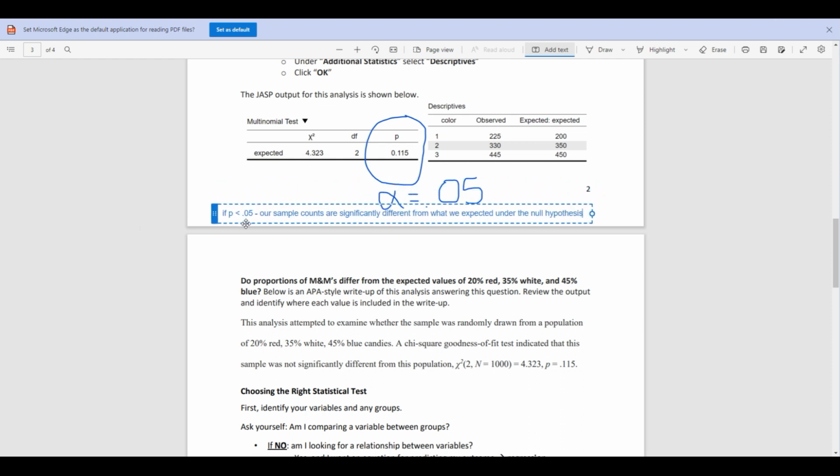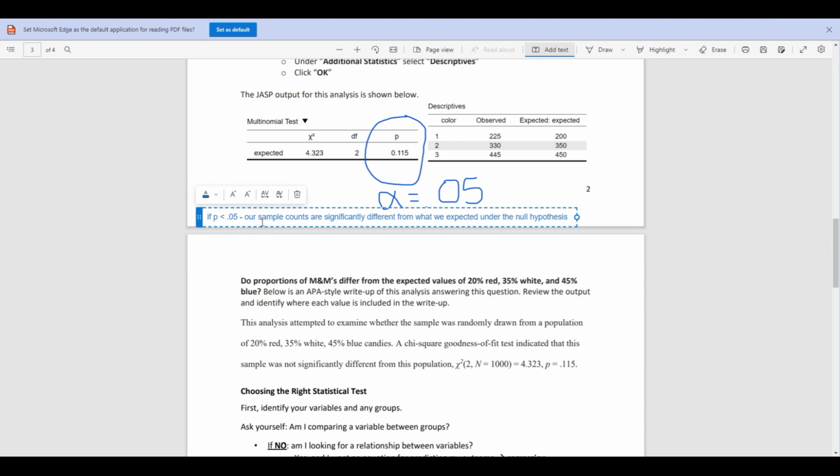So if our p-value is less than that alpha value, then we conclude what we see is significantly different from what we would expect. If our p-value is greater than or above that 0.05 value, then we would conclude that it is not significant.